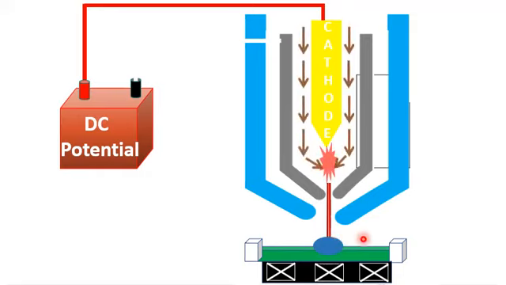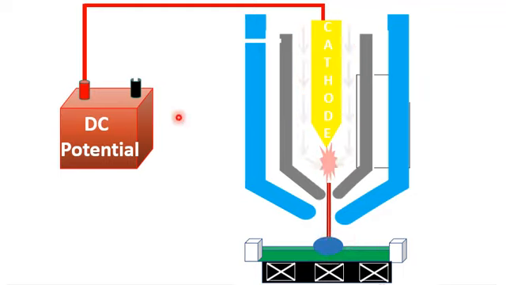So, dear student, passive confinement as well as magnetic confinement is used in the cathodic arc deposition system in order to confine the cathode spot onto the surface of the cathode.